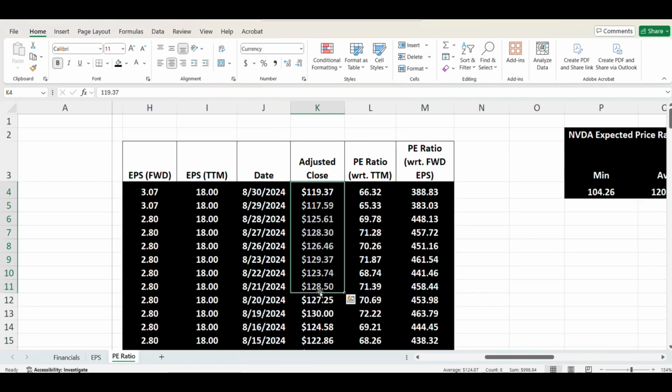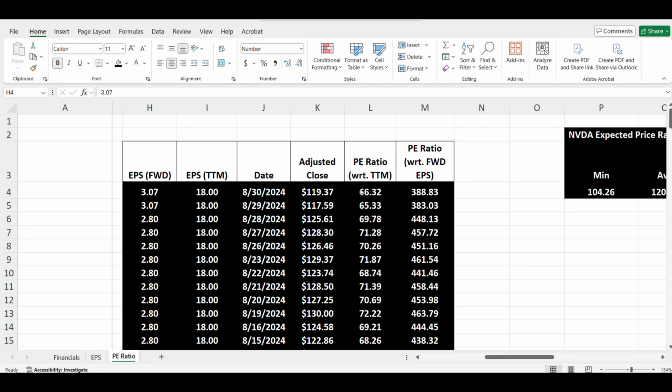In this table, I put together the adjusted closing price for Nvidia for the last 1 month and also the EPS forward and EPS trailing 12 months. EPS forward is basically the latest earnings actuals plus the next 3 quarters earnings projections. And the EPS trailing 12 months is the EPS actuals in the latest quarter plus the last 3 quarters earnings actuals.